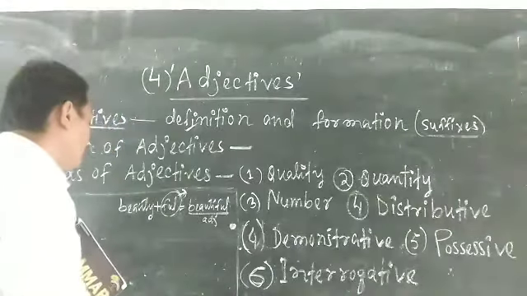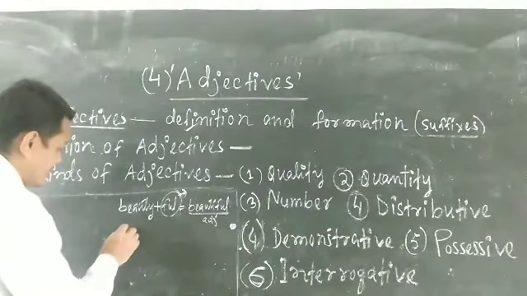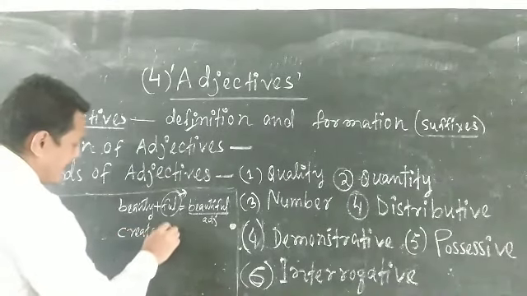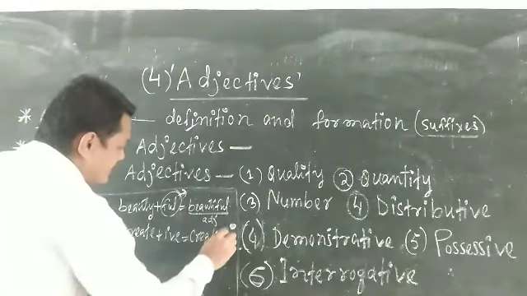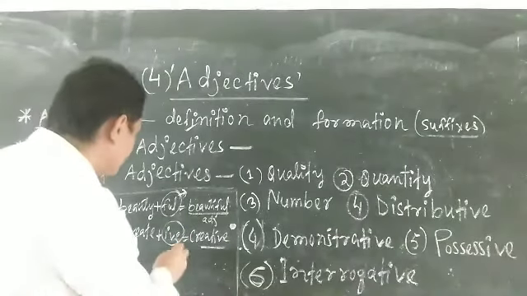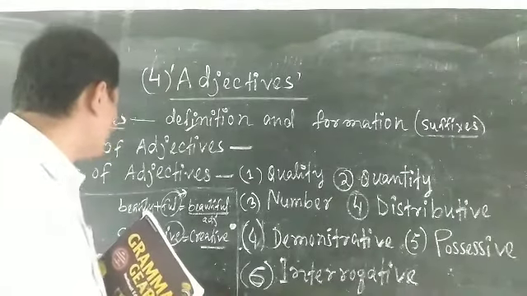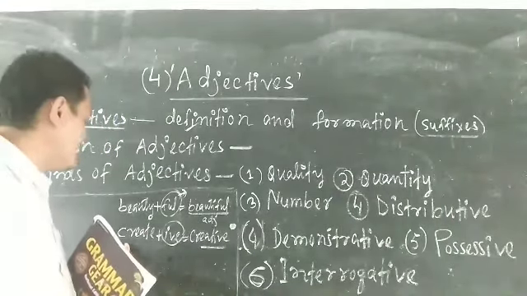Not only F-U-L, we can use another one. Let's see some verb, create. If I add I-V-E, it becomes creative, which is an adjective. Here I-V-E, a group of letters, is a suffix. So beauty is a noun, and create is a verb.